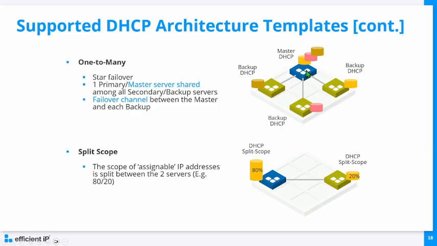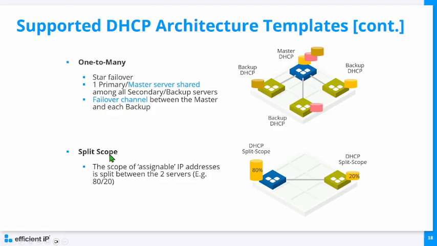The master is the same physical server. So it's a one-to-one architecture, just that you share a single master for multi-site. Are you clear with that? The main thing here is you can share the master. You only need one master server, and you can have different secondaries on different sites.